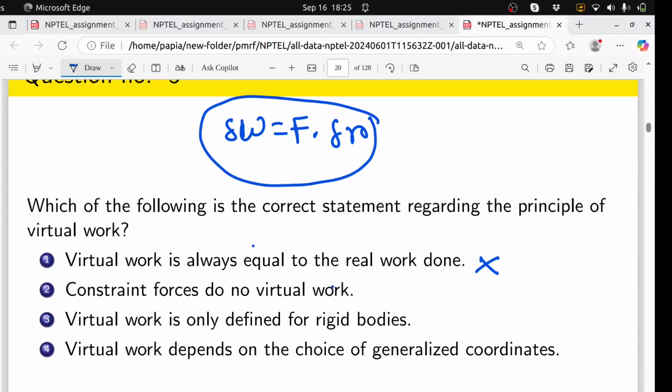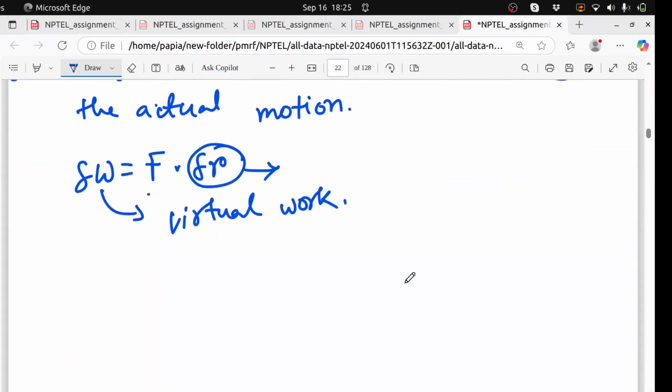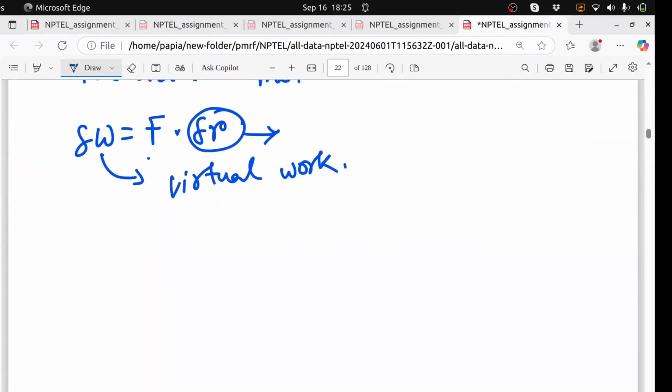Virtual work is only defined for rigid bodies? No, that is also not correct. Virtual work depends on the choice of generalized coordinates? That is also not correct. Now coming to the second option: whether a constant force does no virtual work, or does any virtual work.